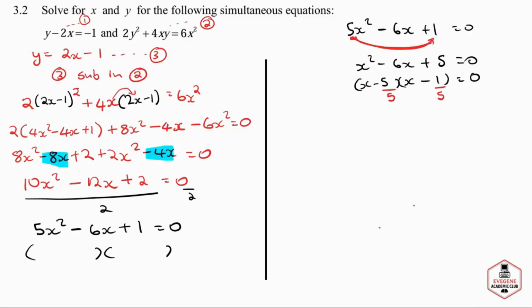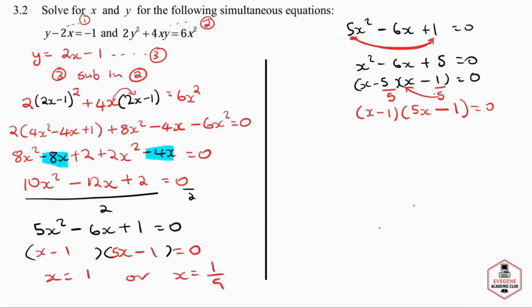So this here will be x minus 1. And then this, since it's a fraction, I'm going to take this 5 and put it over there. So I'll have 5x minus 1 equal to 0. So my answer for x will be equal to 1, or x will be equal to 1 over 5.